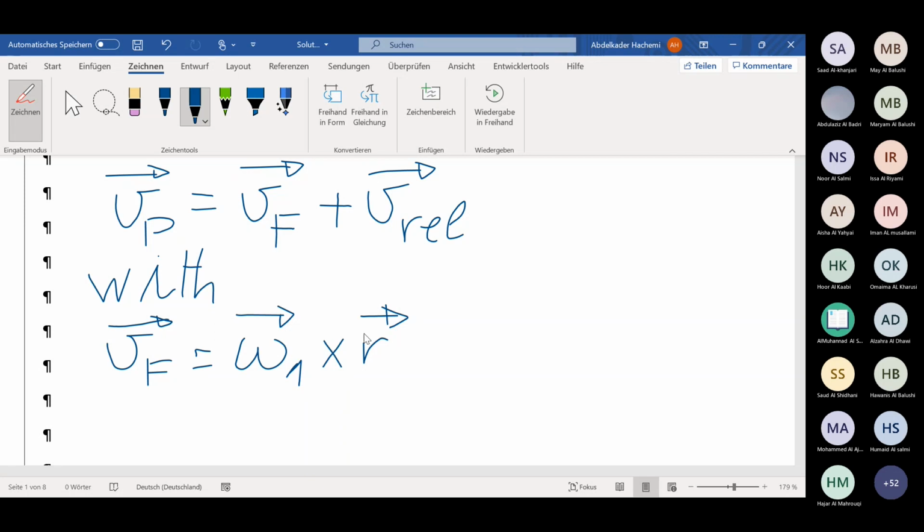That means that for R here, we always have the following relation. Omega depends on which coordinate system we are in, either the absolute coordinate system, the frame coordinate system, or the relative one. And we also have V relative.